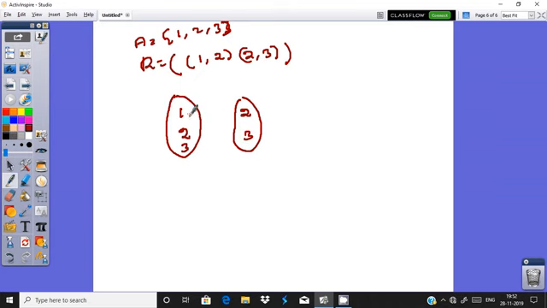So 1 maps with 2 and 2 maps with 3, but 3 is left alone in x1. This is called x1 and this is called x2, where x1 is the domain and x2 is the range. So 3 is missing; it does not map with any output value in x2. If this is the case, it is called a partial function.